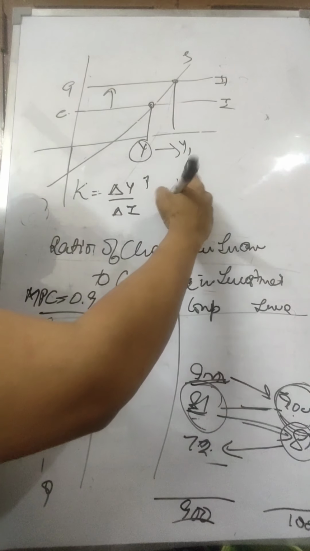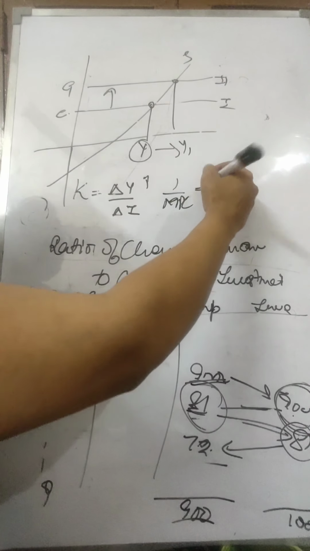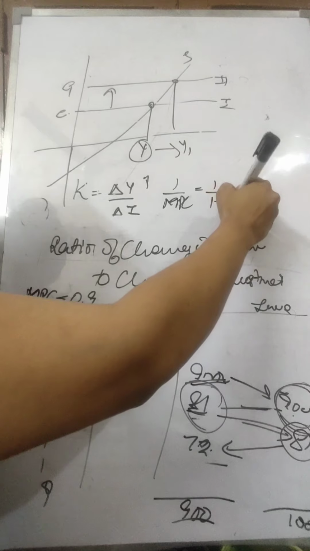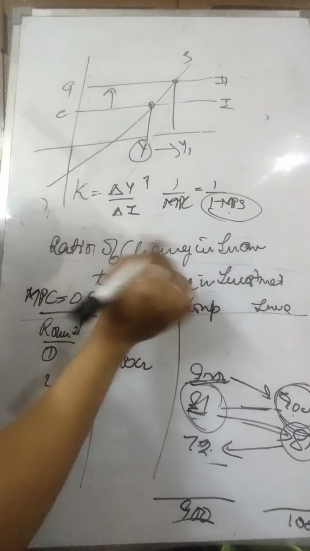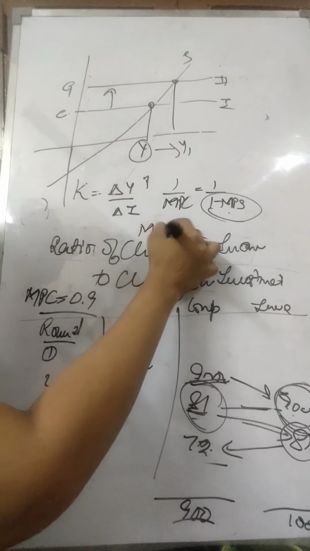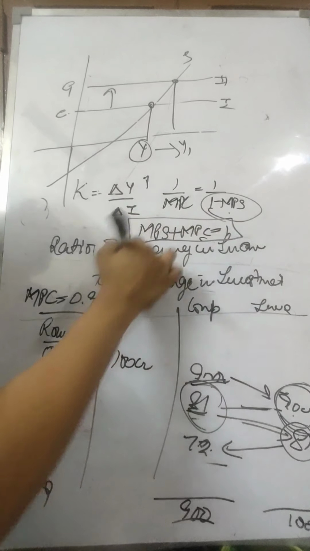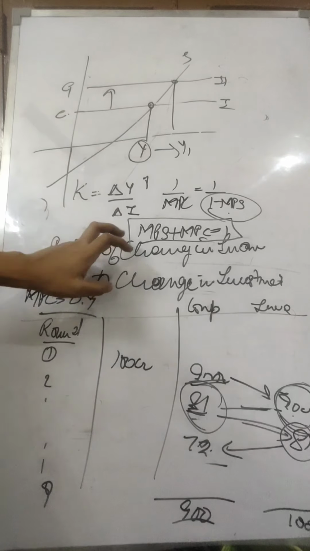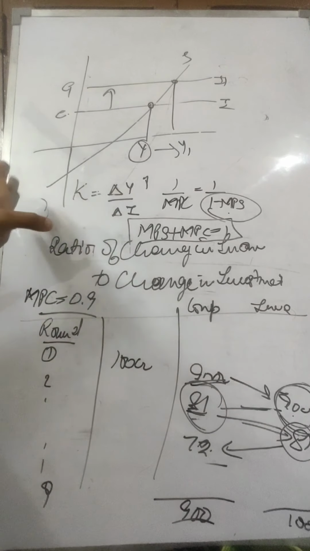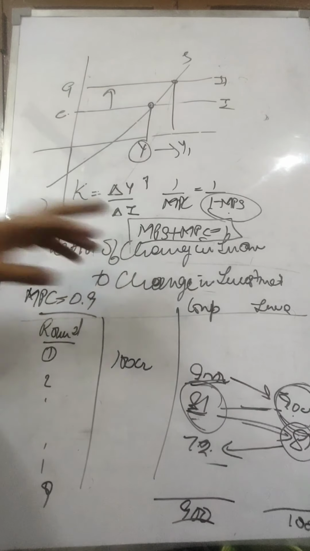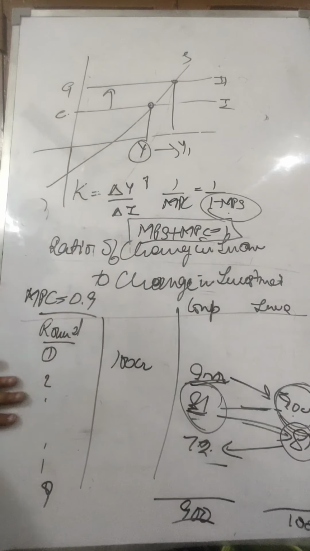Why am I saying 1 minus MPS? Because MPS plus MPC is equal to 1, as I've stated previously, and we have done the calculation also. So this is all with the topic.